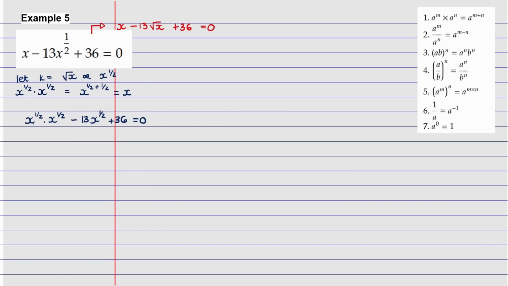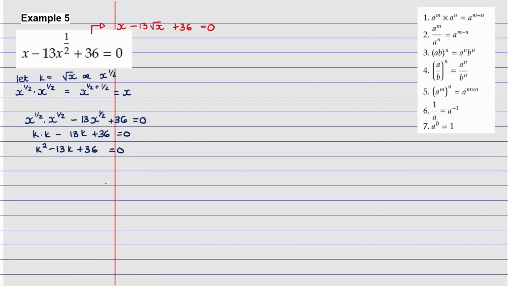So with that said, this is the same as having k multiplied by k minus 13k plus 36 is equal to 0. So this is the same as k squared minus 13k plus 36 is equal to 0, right?